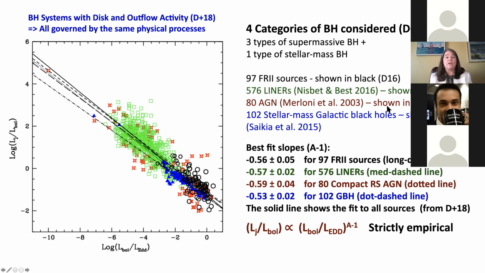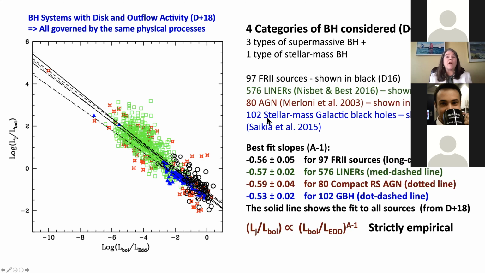And those are all shown in red. Prior to this, the fundamental plane had been discussed for stellar mass black hole systems, but it did not include the black hole mass because for those systems, the black hole masses are all quite similar.